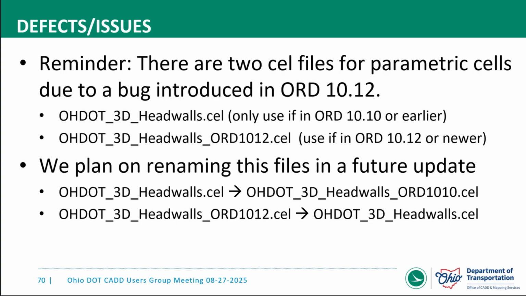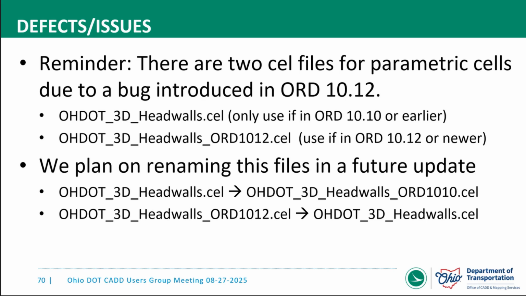We tried to get an answer from Bentley on whether a next update was going to flip the math back or leave it the same. I didn't get a clear answer, so we are going to move forward assuming they're not going to fix it back. What we want to do is alleviate the confusion, because people think they can't use the 1012 one because they're in 24.